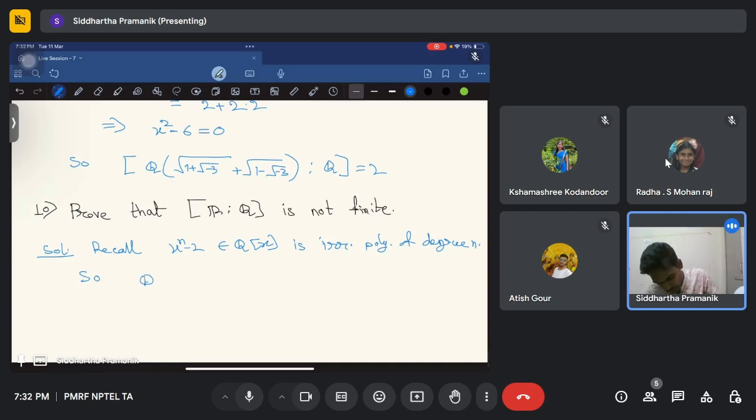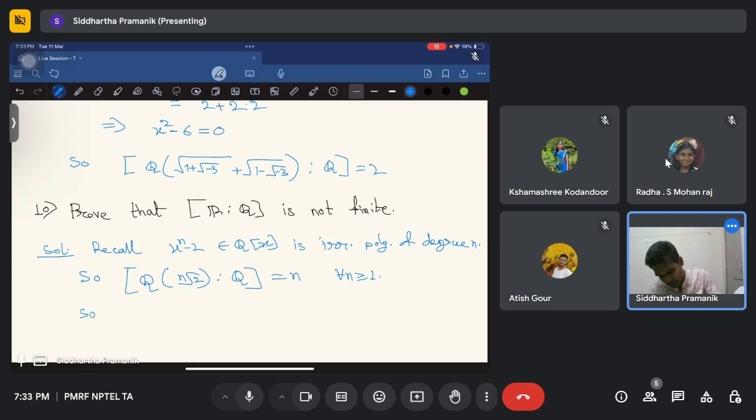So if you take Q and attach the nth root of 2, the degree of this extension is basically n, because x to the power n minus 2 is the irreducible polynomial of the nth root of 2. And this is for every n. So you can take n as large as possible.